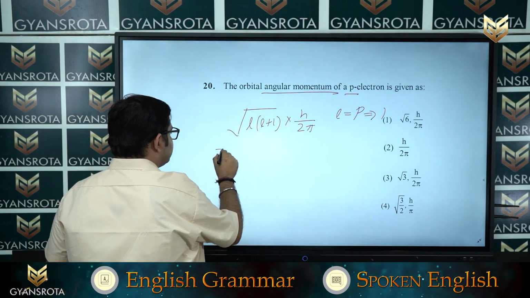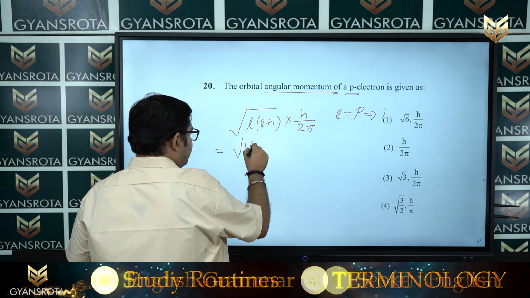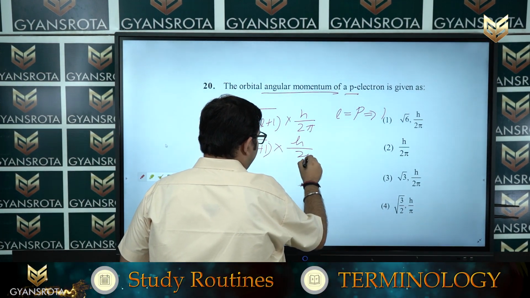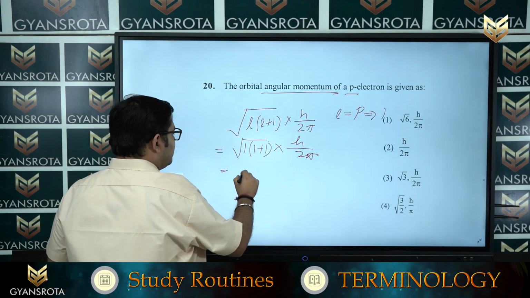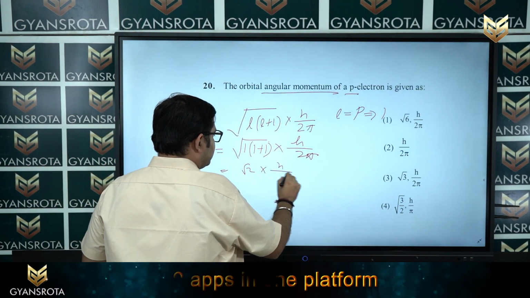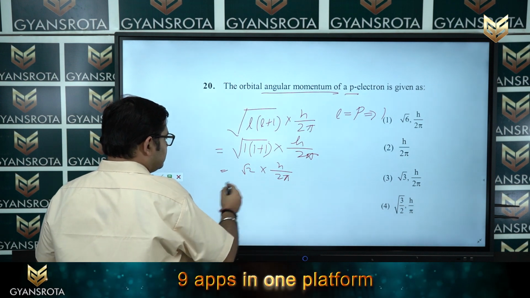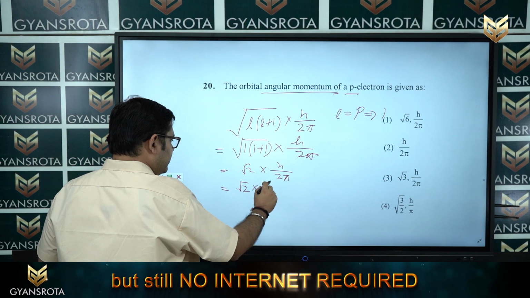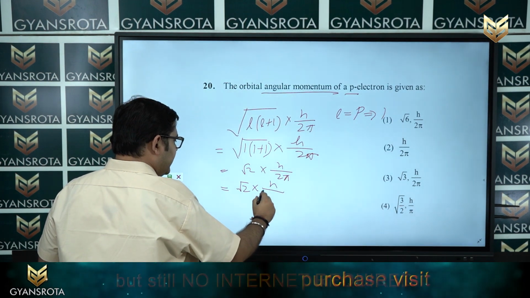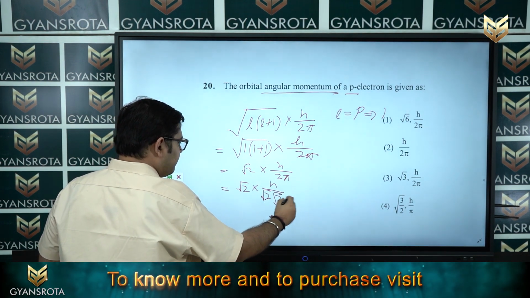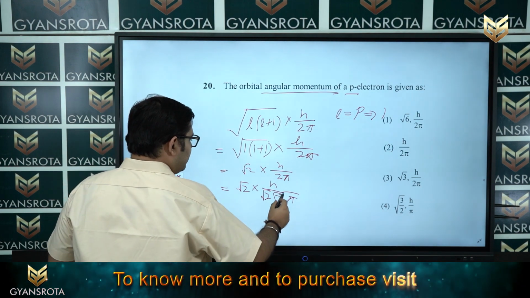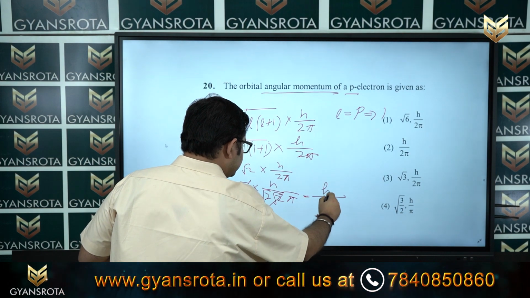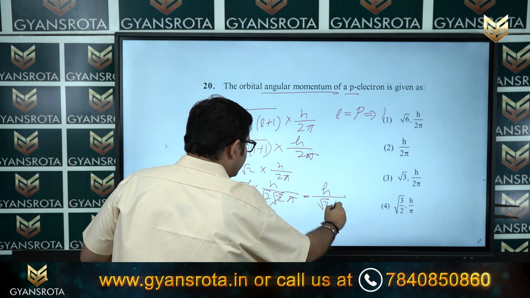So now just substitute the value, that is root of 1 plus 1 into h by 2 pi, 1 into 1 plus 1 is 2, root 2 into h by 2 pi. Now 2 we can write as root 2 into root 2, so root 2 and root 2 will cancel out. What is left is h by root 2 pi.